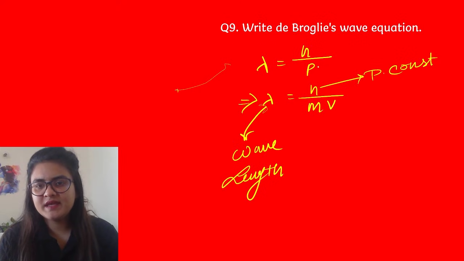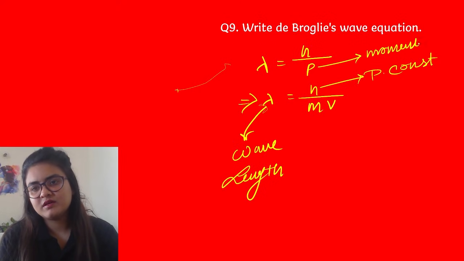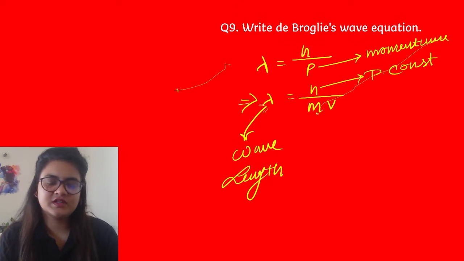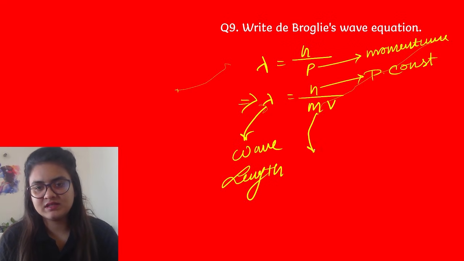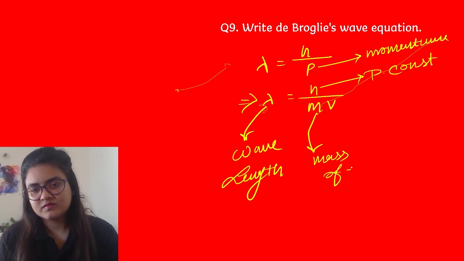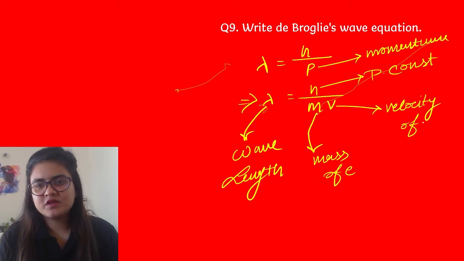And p is basically the momentum. Here in terms of p, you can further break it down with respect to m and v. m is the mass of electron and v is the velocity of electron. So this is your de Broglie's wave equation. I guess it's clear to you.